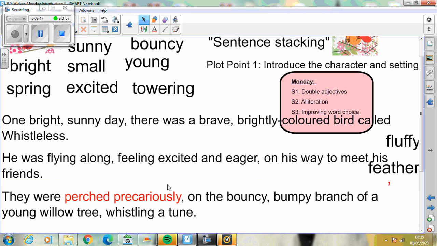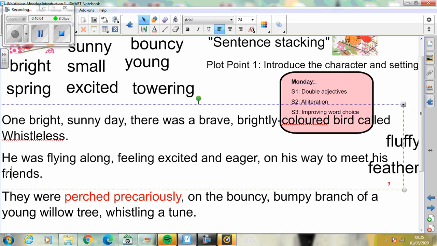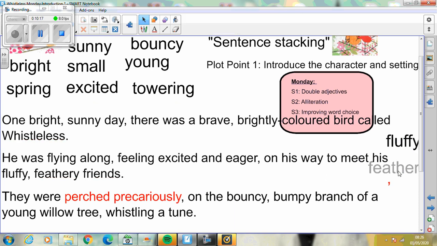And there we go. So, sentence 1, I've included double adjectives with my comma in the middle, here and here. Sentence 2, I looked at alliteration. There we go, it reads a bit better.